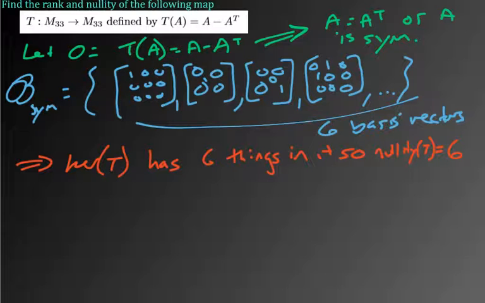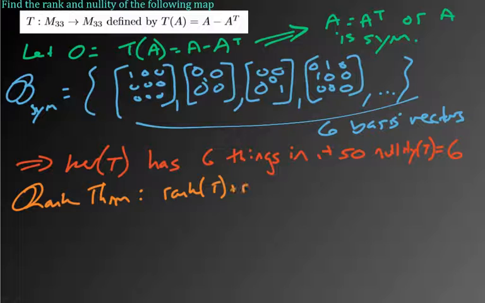Then we know by the rank theorem that the rank of the transformation plus the nullity of the transformation should equal the dimension of the space, and this space has dimension 9 because there are 1, 2, 3, 4, 5, 6, 7, 8, 9 different spots there.